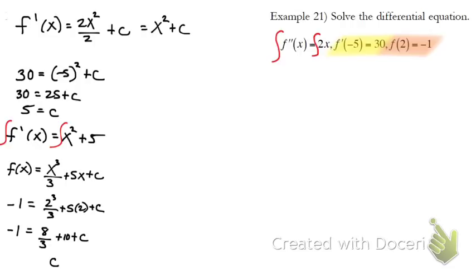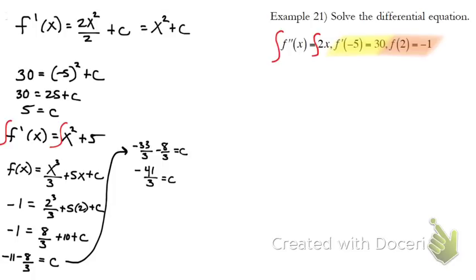Therefore, c is equal to, let's see, -1 minus 10 is -11 minus 8/3. If I combine like terms by getting a common denominator, that 11 would turn into -33 over 3 minus 8/3 equals c, which would then lead us to -41 over 3 equals c.